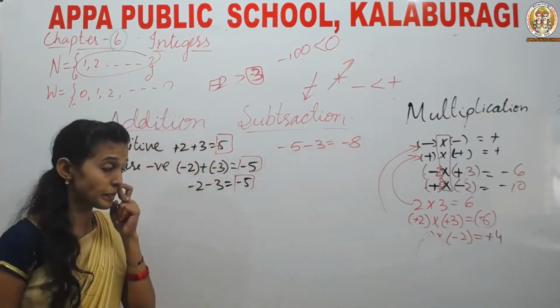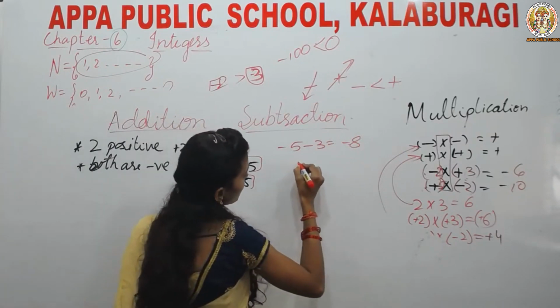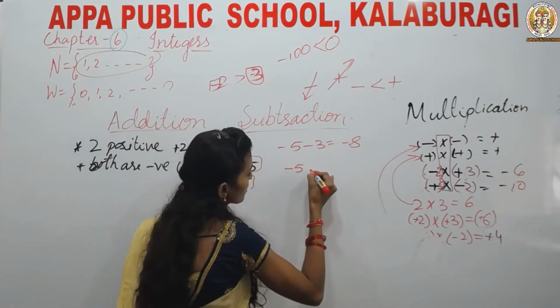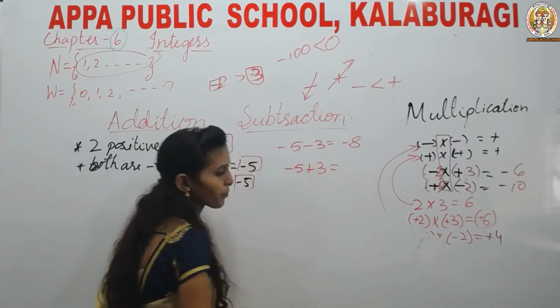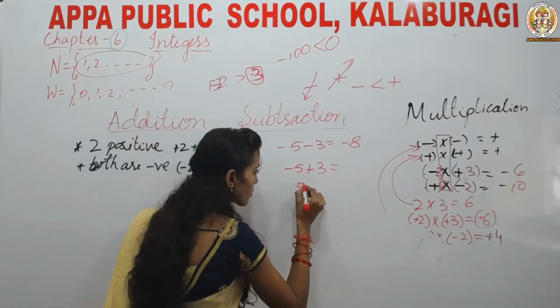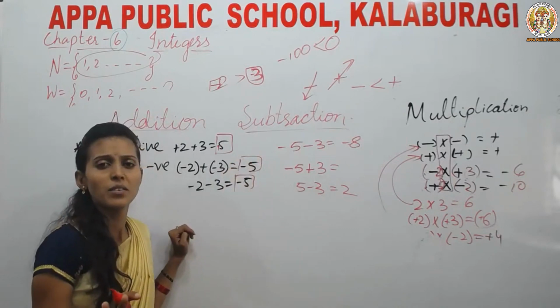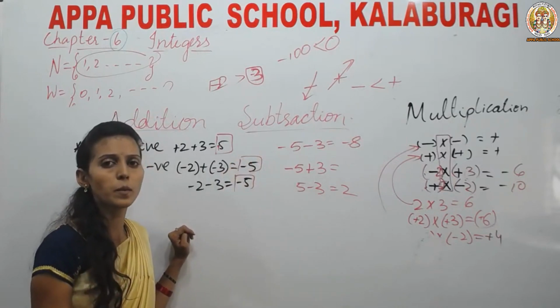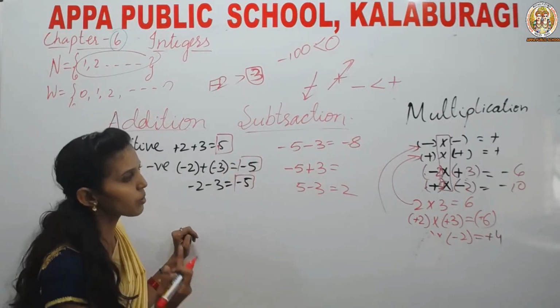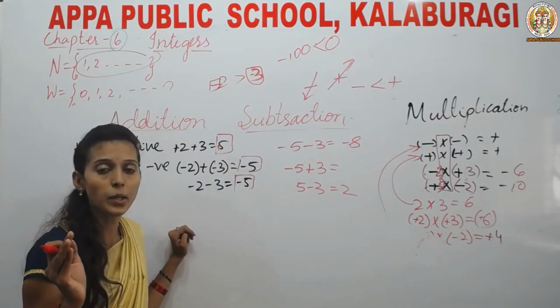Okay, now if 5 is negative and 3 is positive, there was no confusion before. 5 minus 3, the answer was 2. When it comes here, most of the students will be with a blank mind. What to do here? We did not learn at all.